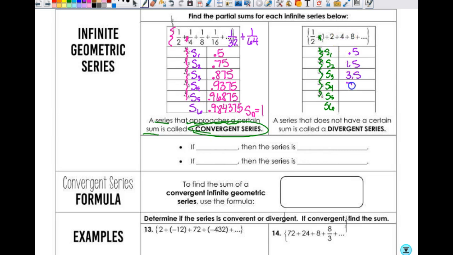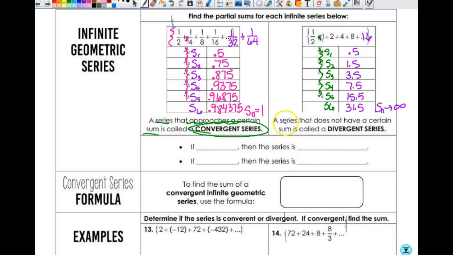Add 4, and it's 7.5. Add 8, and it's 15.5. The next number I add is 16, and I get 31.5. Do you see this approaching any number? No. If I keep adding for infinity, it approaches infinity, but infinity is not a number.